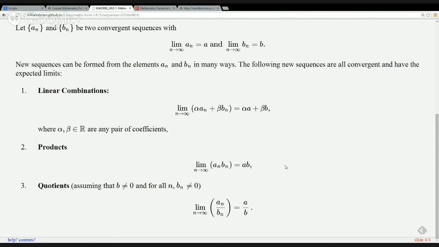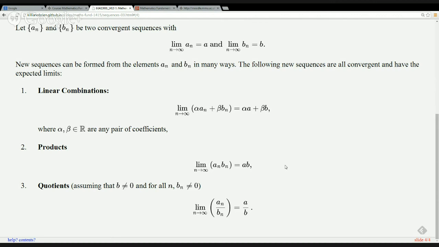Now, what I want is that the limit of a_n b_n is equal to a times b. So is that result hidden in here somehow? Well, I can restate this result in a few different ways. First of all, I can multiply out this bracket here.